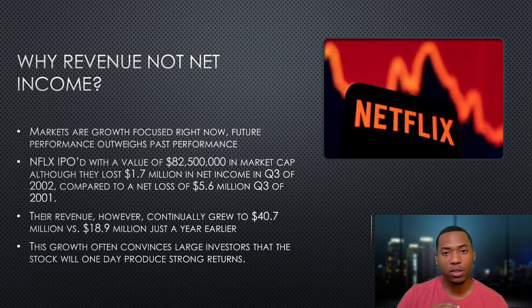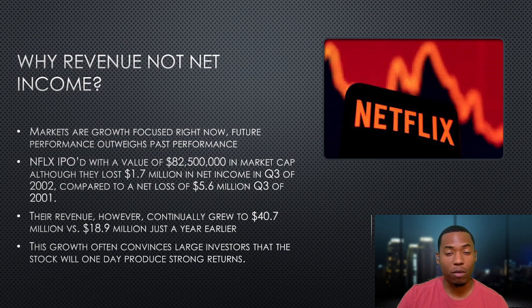This gives investors and large institutions a lot of confidence that although the company isn't very profitable right now, although they don't have much cash in the bank, it's likely that they will in the future. And for a company like Netflix, my goodness, were they right. Since they IPO'd, they've had several splits.